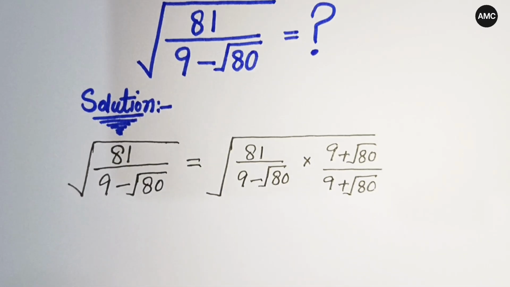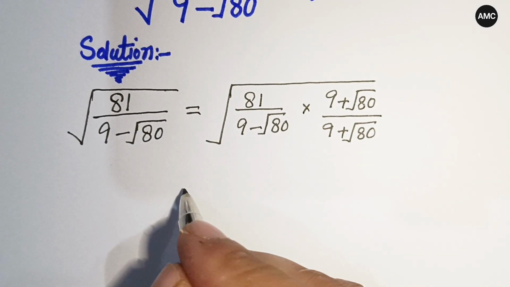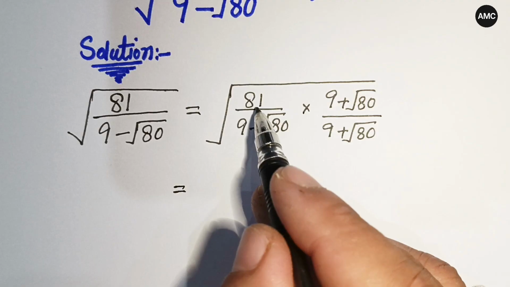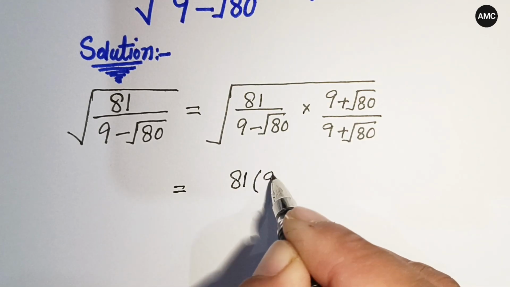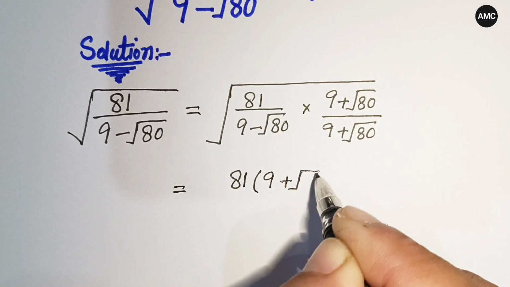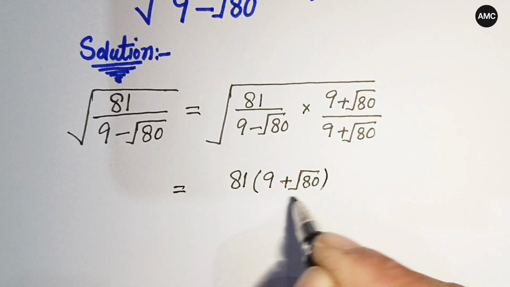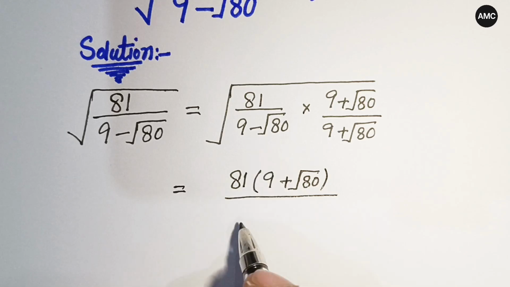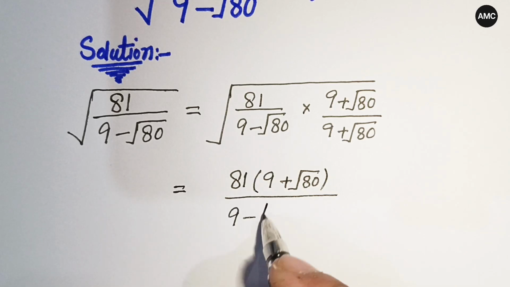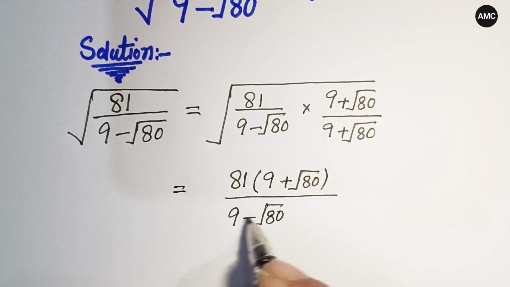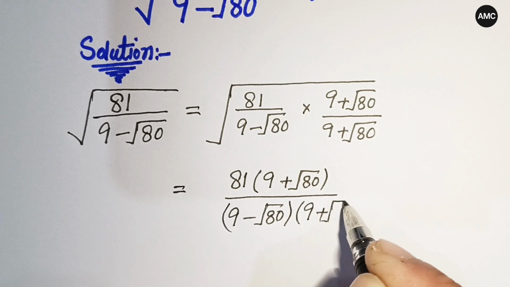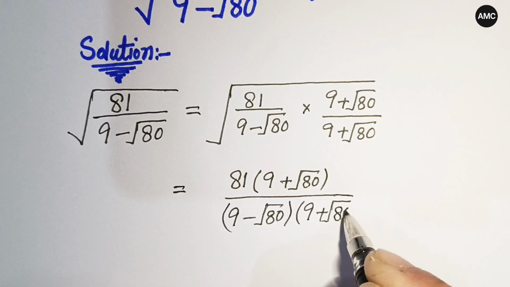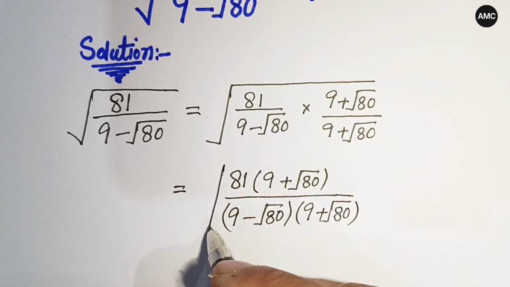So here our next step will be 81 times 9 plus square root of 80, and similarly here we have 9 minus square root of 80 times 9 plus square root of 80, whole square root.